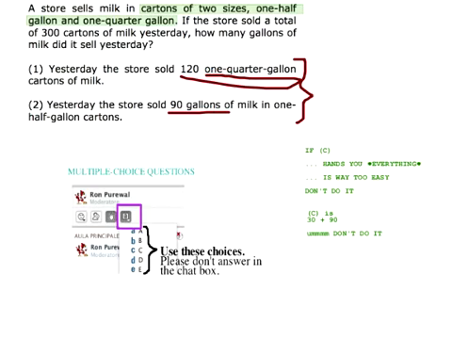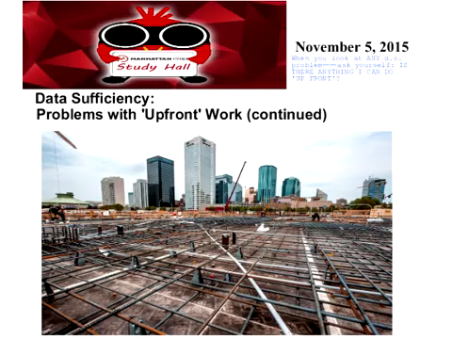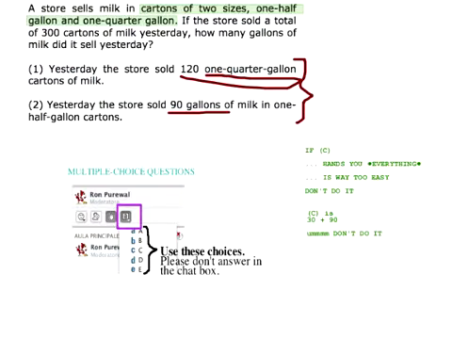Remember the theme of today's work: what you can do up front. There's the picture of people doing upfront work on a building, along with this dashingly handsome cardinal right here. What can you do with this before you start looking at the answer choices, before you start looking at the numbered statements?